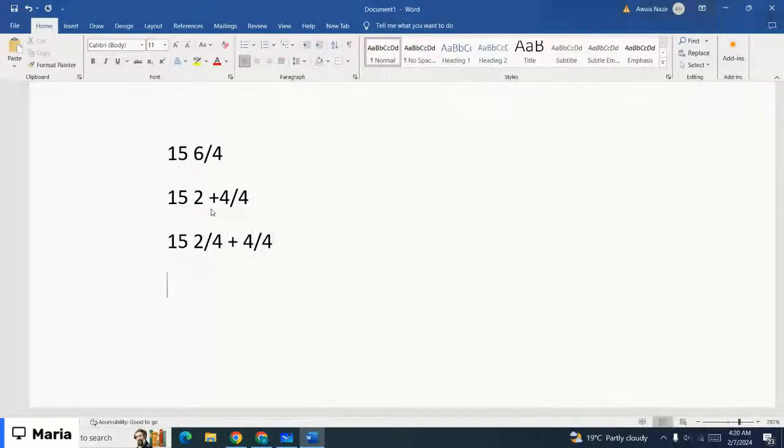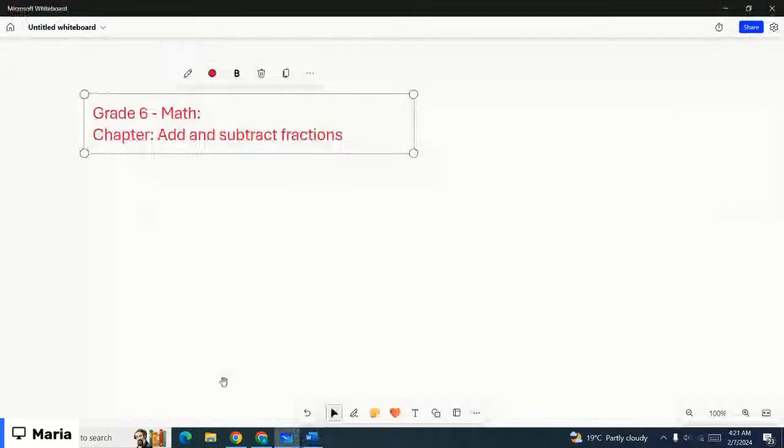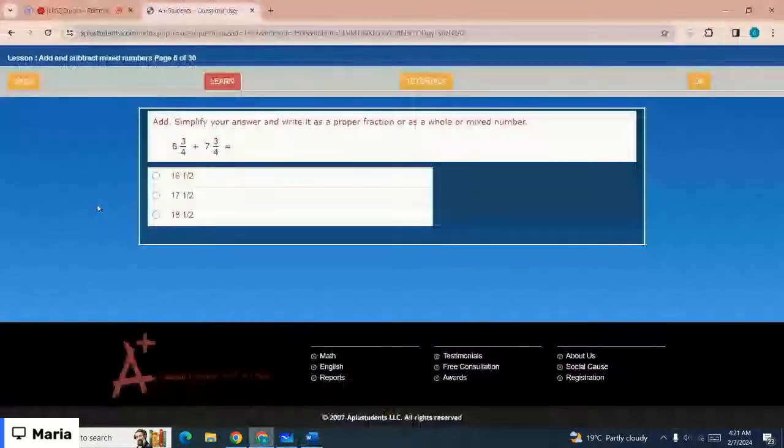And 4 over 4 makes 1. So you have 15 plus 1, that is 16, and 16 whole 2 over 4. You can divide them by the common factor 2, so that is 16 whole 1 over 2. The correct option is 16 whole 1 over 2. Got it? That is option number one, 16 whole 1 over 2.